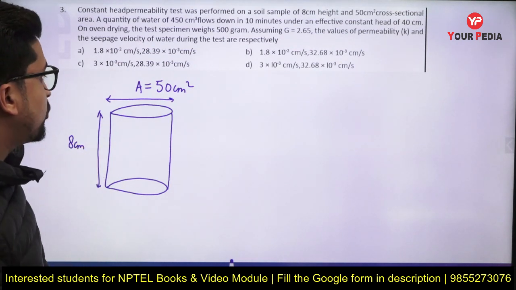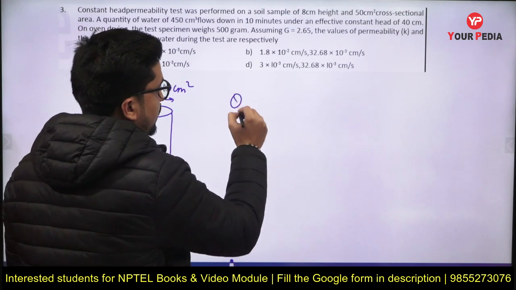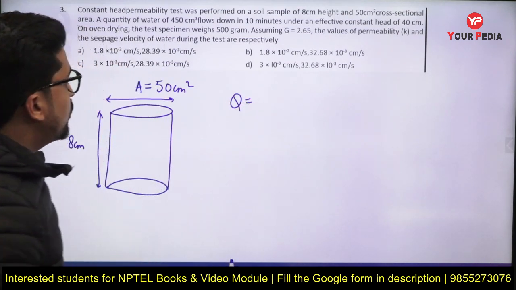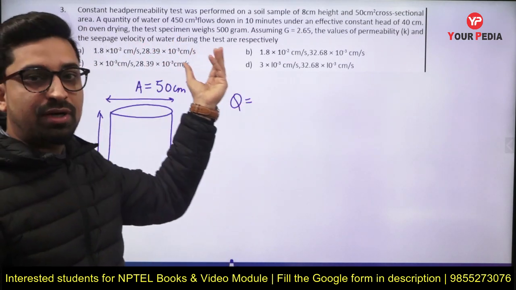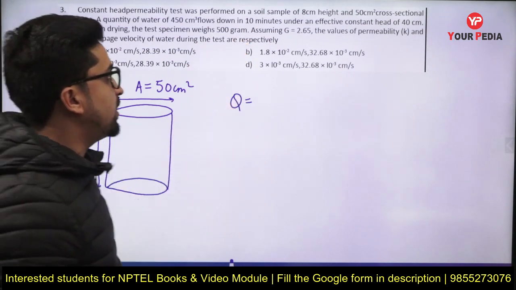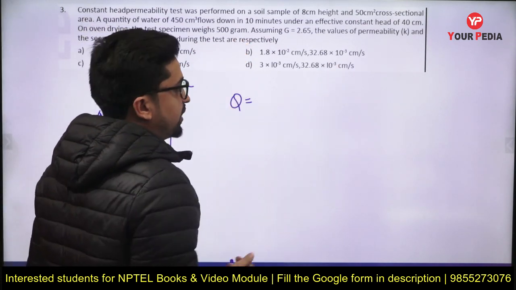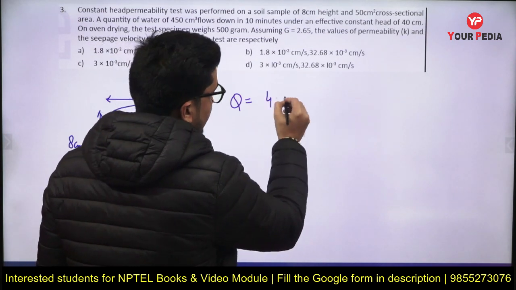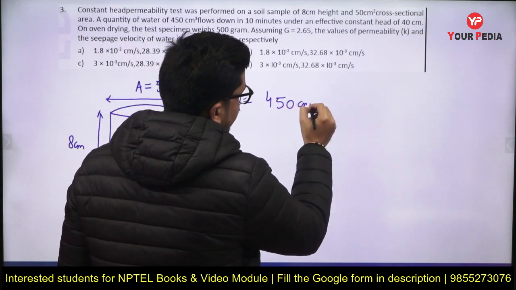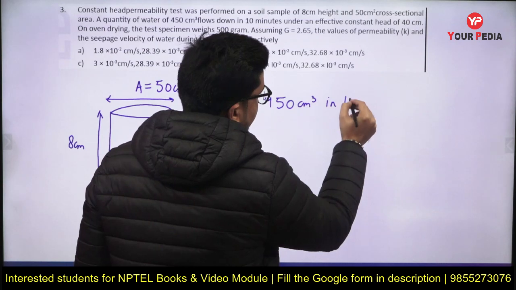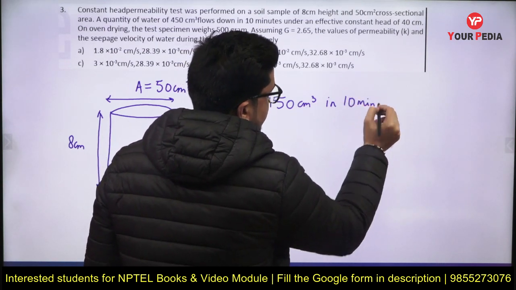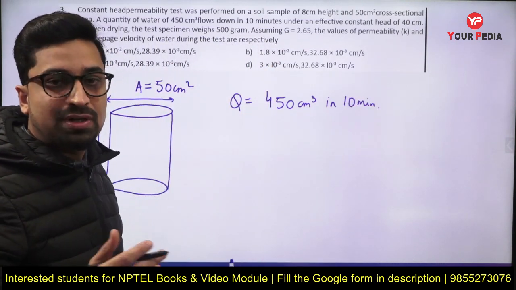Along with that, they have told you that a discharge or quantity of water of 450 centimeter cube flows down in 10 minutes under an effective head of 40 centimeter. So discharge is 450 centimeter cube in 10 minutes. Let us find this discharge in centimeter cube per second.